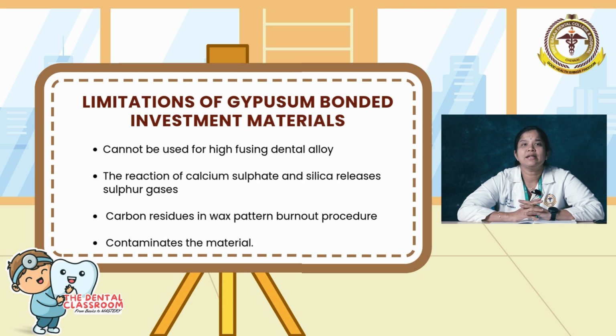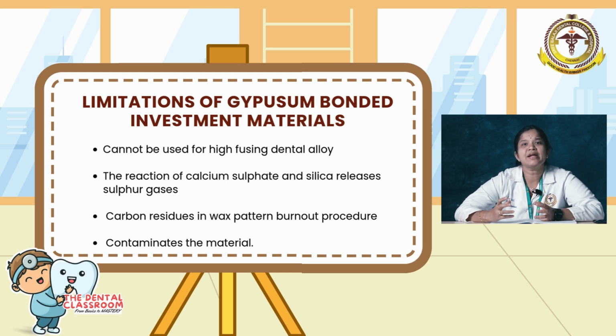The biggest limitation is that gypsum bonded investment material cannot be used for high fusing dental alloys or any other high fusing dental casting alloys or gold alloys for that matter. The reason behind it is that once you heat above 650 or 700 degrees Celsius, the gypsum bonded investment material contains calcium sulfate as well as the silica, the refractory material.